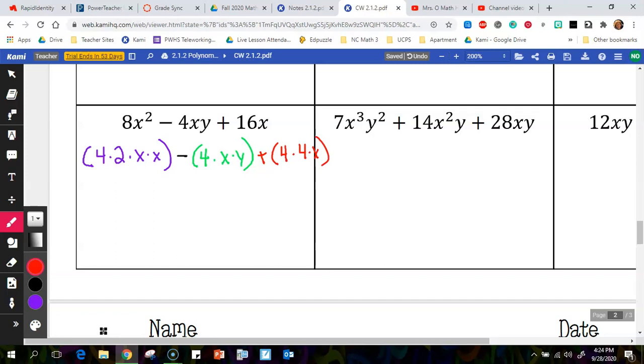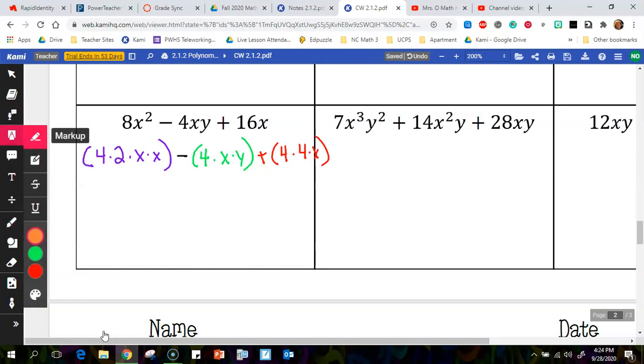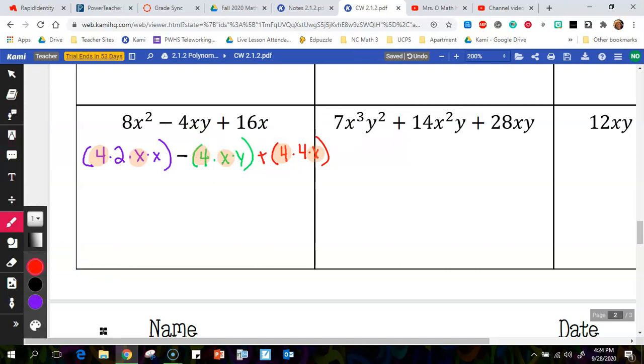Okay, so what do they have in common? Let's highlight what they have in common here. They have the 4. They all have the 4 there. But they all also have an x. So anything that all three of them have, not just two of them, but all three of them, that's what you can take out. So I can take out a 4x. Once I do that, they're done with. I've dealt with them, so I can mark them out if I want to.